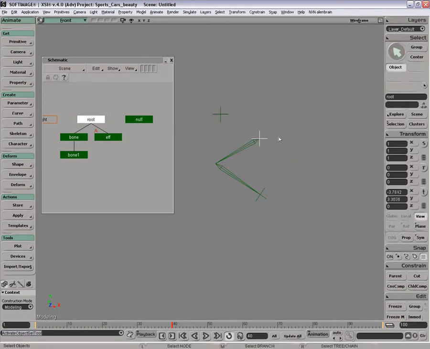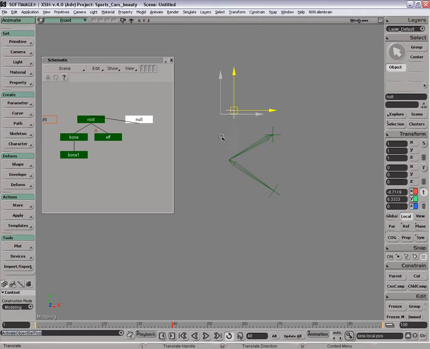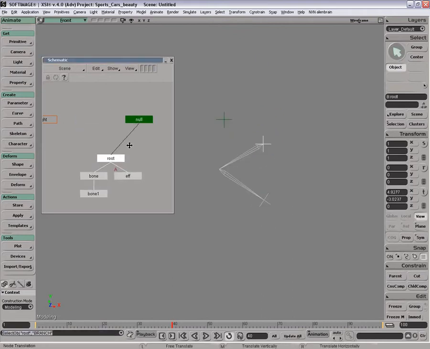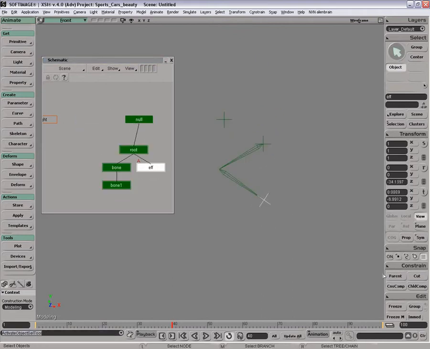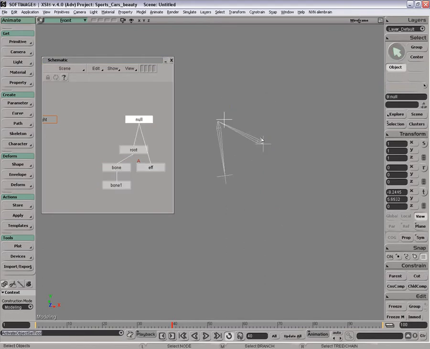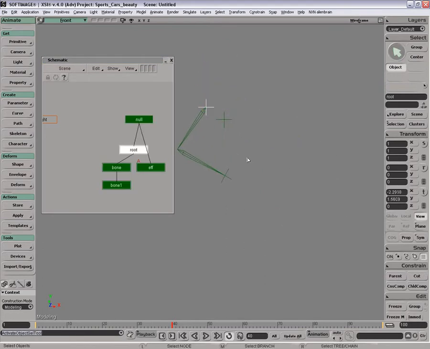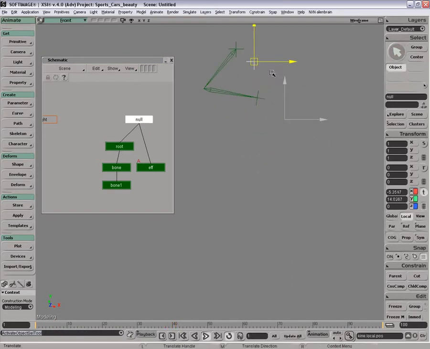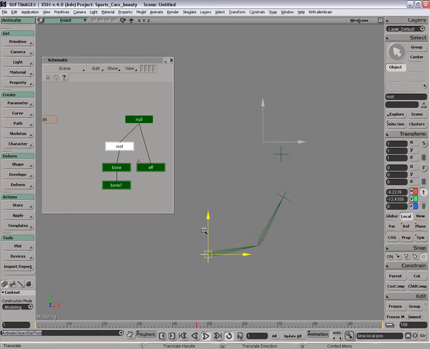So if we go in here, you can also reparent the effector. So I have this entire system child of this null here. We can go in and take the effector and cut that out and parent it, let's say in the space of this parent node instead. So if I move this around, this will move locally, but then this one it doesn't affect.